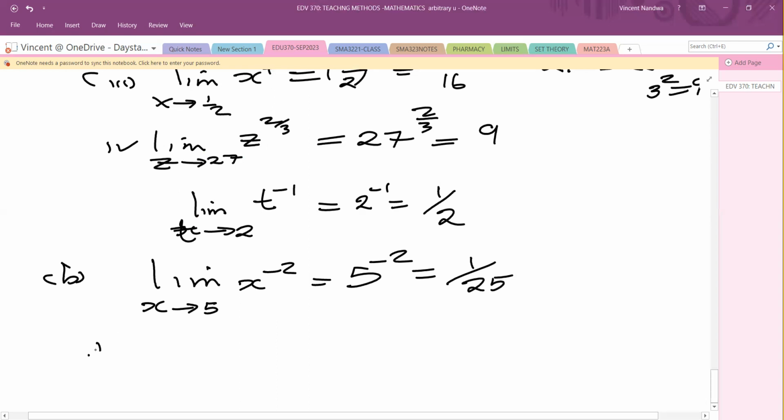So then Roman 2 is the limit as x approaches a third of 3x cubed plus 2x squared.